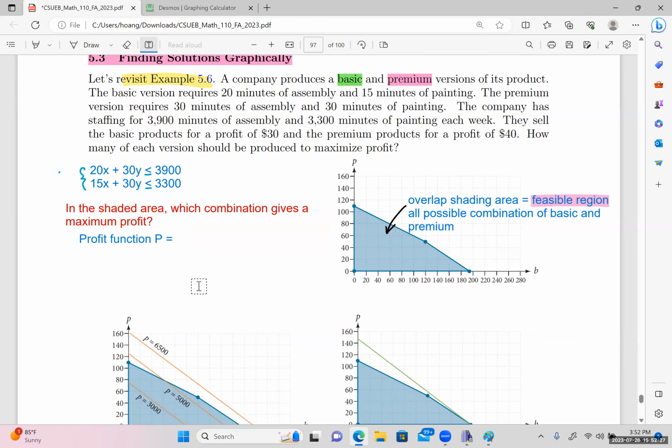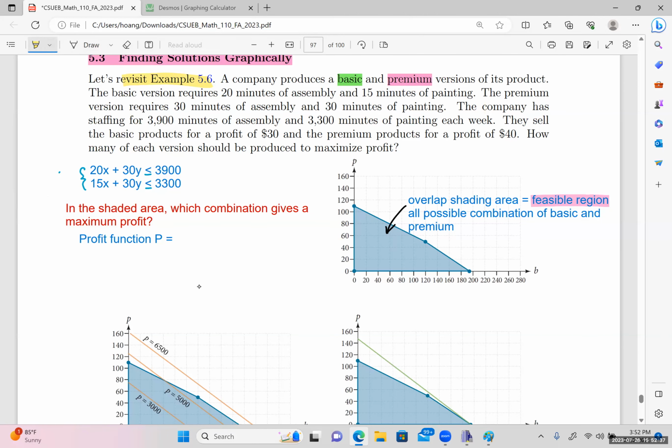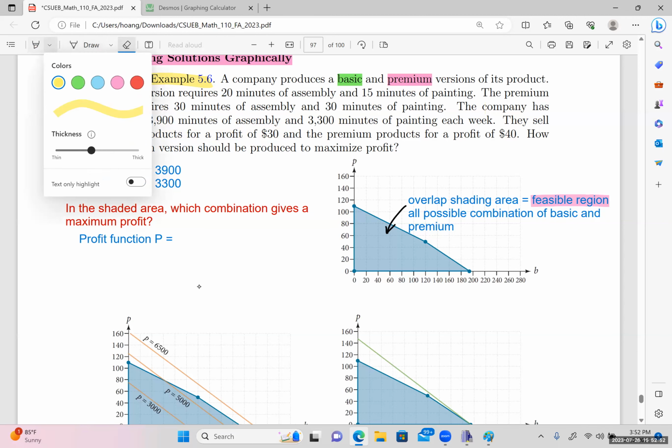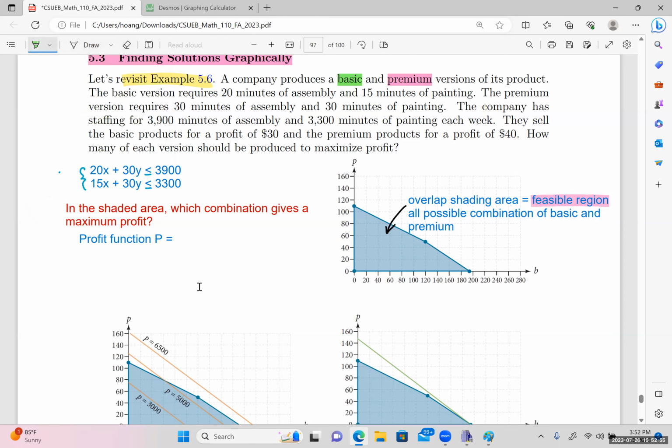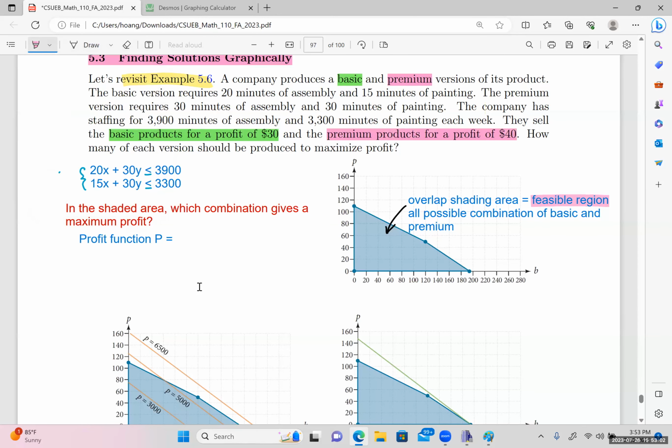Read the question carefully, and we can see the sentence says they sell the basic product for a profit of $30, and they sell the premium products for $40.